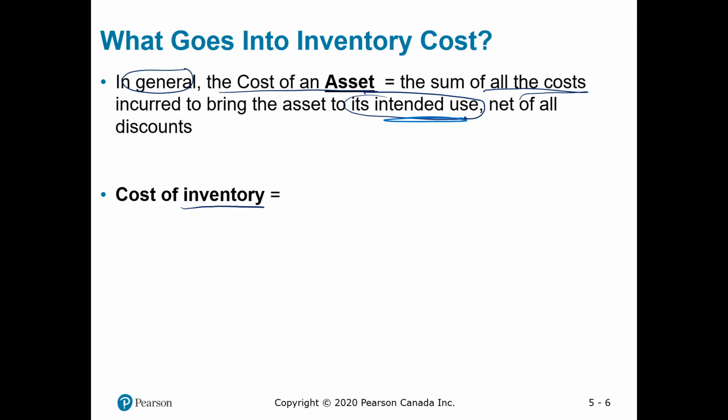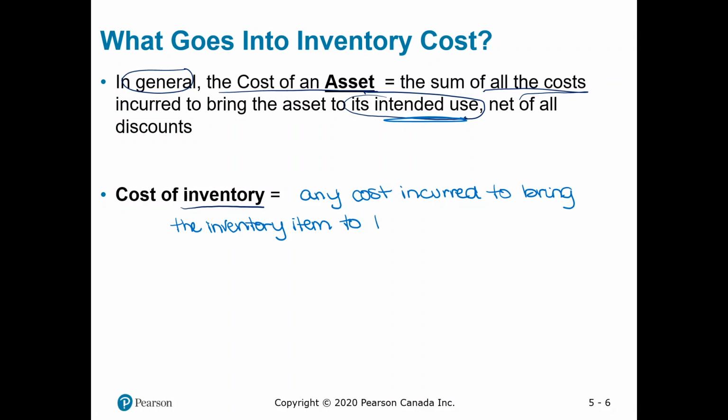And therefore, what goes into the cost of inventory is any cost incurred to bring the inventory item to the point of being ready to be sold, which is its intended use.